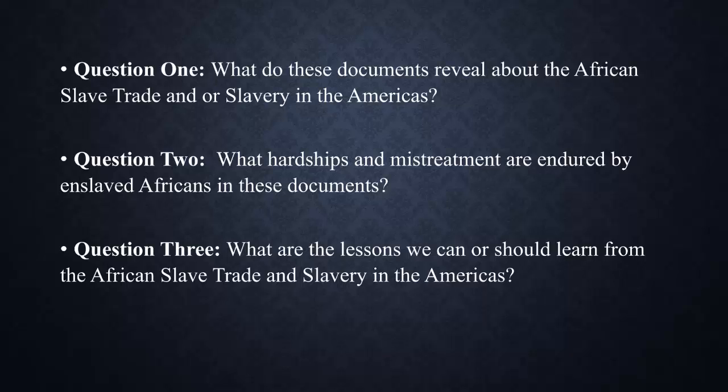And really, a lot of the people in the class pointed out that the documents represent the various steps involved in the slave trading process, from being abducted in Africa or obtained somehow in Africa, in this case being kidnapped, young children being taken away from their families, through the process of being transported across the Atlantic, and then what kind of a life was awaiting these new enslaved individuals when they got to the Americas. So all the various steps are in one shape or form represented here to a certain degree.